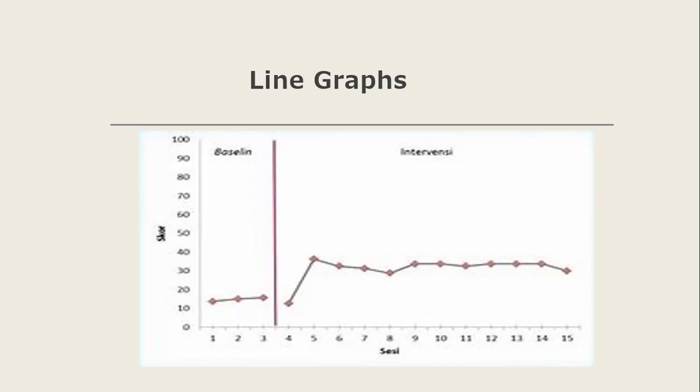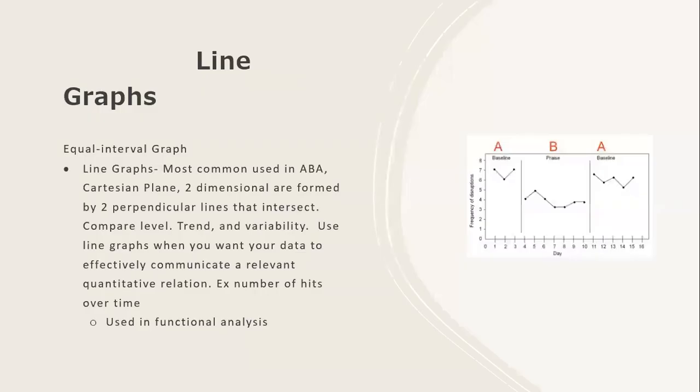And then the intervention is where we provide the teaching methods and the skills for increasing or reduction of behavior. Notice this is always separated by a line, the baseline and the intervention. On the next graph, we'll go in more detail.